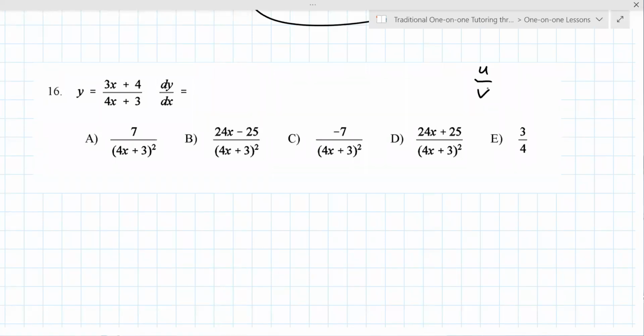Okay, so it's bottom times derivative of the top, minus top.